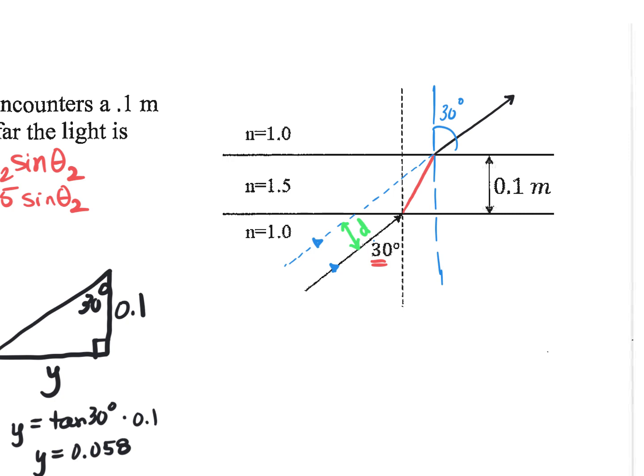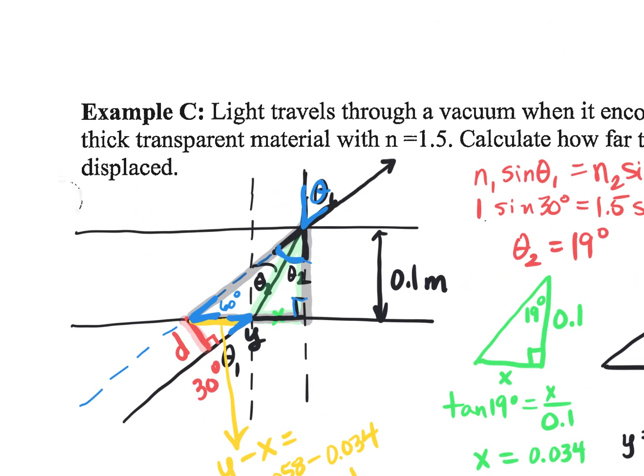So that's 30. So we good with 30? Right there? So if this is 30 in blue, then this is 30 also, isn't it? If this is 30 and this is 90, then this has to be 60, doesn't it? The picture is way not to scale. Okay? All right. If that's 60, then guess what?